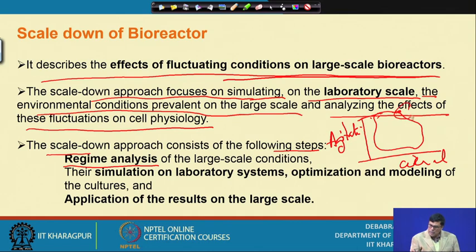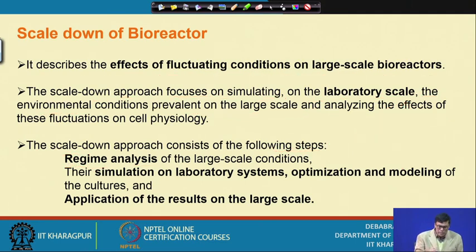So here you can expect more shear forces. Now here you see, agitation is less and aeration is also less. Both are less, and that affects the fermentation process to a great extent. So you have to do this regime analysis. Where you are going to operate your system, you can easily determine in the small scale.